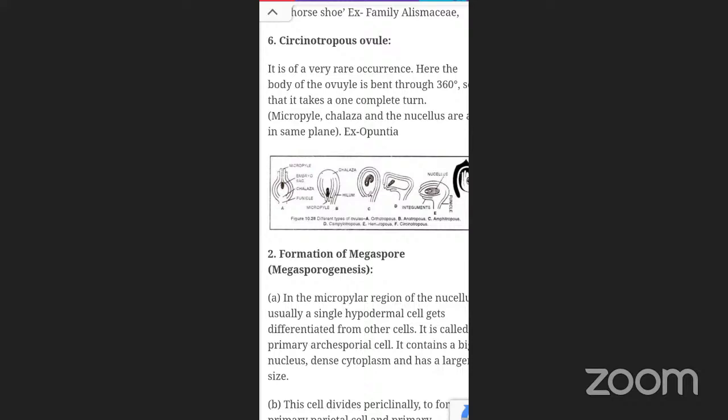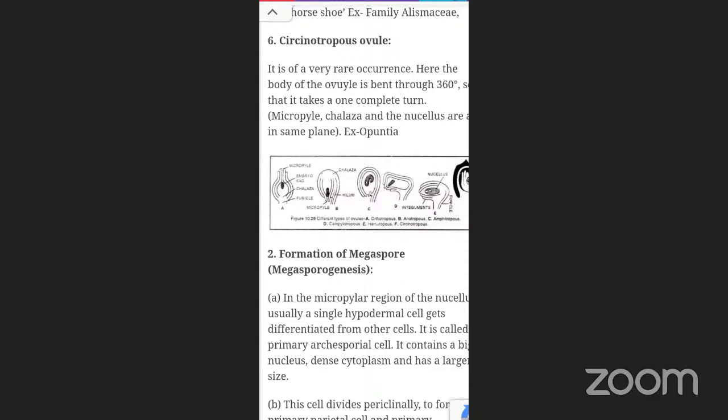So that's why we call it unitegmic, bitegmic, or ategmic, no integument. Uni-integument means only a single protective layer is there. Then bi-integument means two integument layers are there. Then another one is the ategmic, no integument.